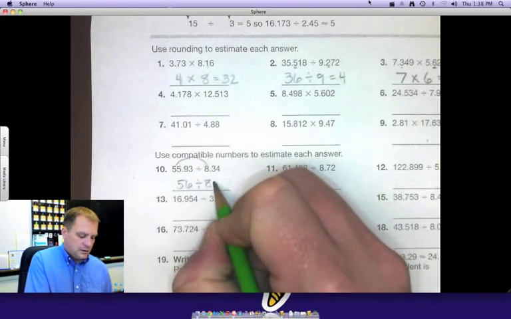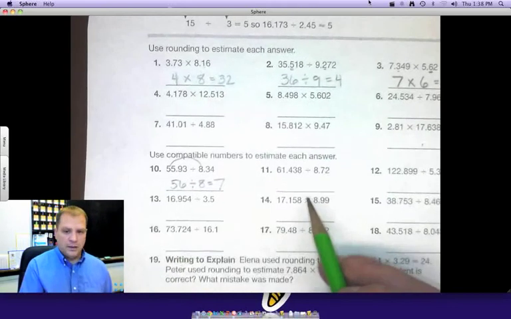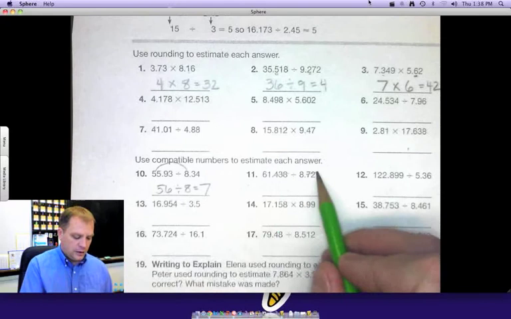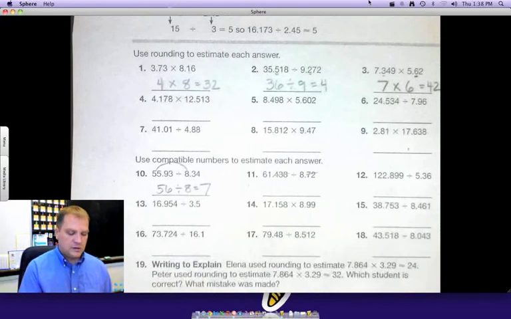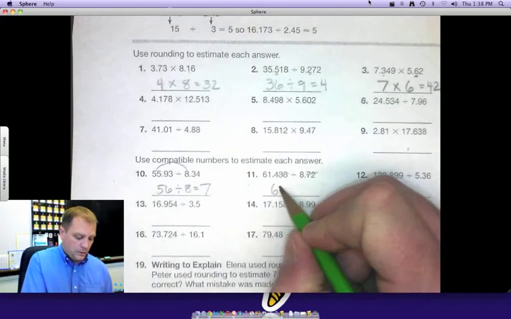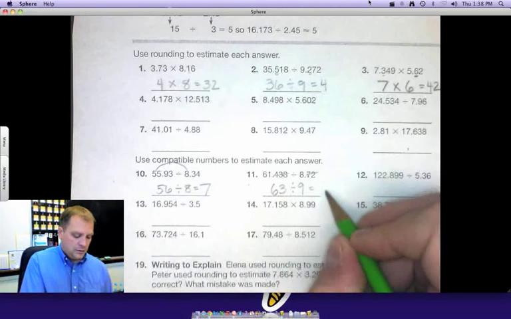For number 11, again, I'm even ignoring my decimals. 61 divided by 8. I can't necessarily do that quick in my head, but I know that I can do 63 divided by 9, and 63 divided by 9 equals 7. Now we're into a little bit larger number.